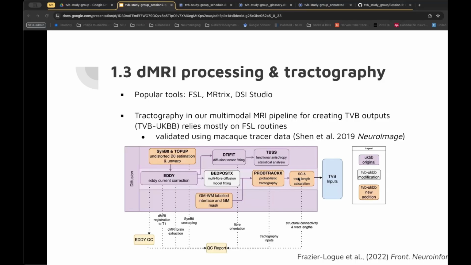In our case, we're after both the weights matrix, which we'll talk about more too, which is a normalized value of the number of streamlines running between any set of ROIs. We'll also extract from our pipeline a distance matrix, as we talked also about how there's a space-time structure in TVB that we're after, and so the distances are important as TVB inputs.